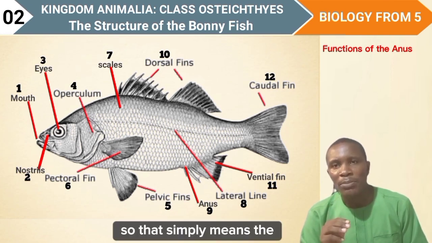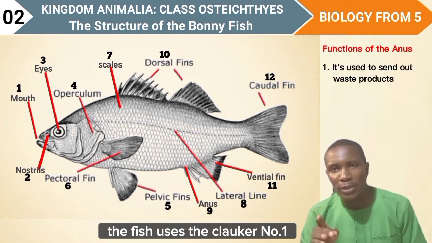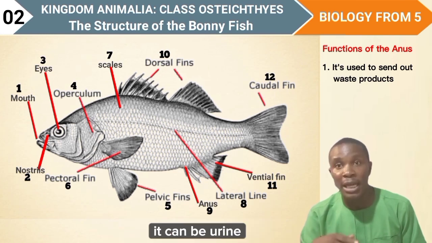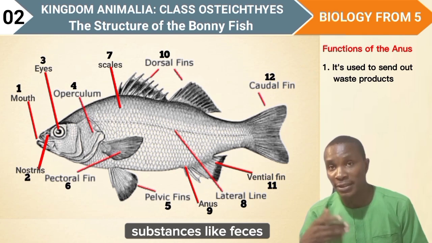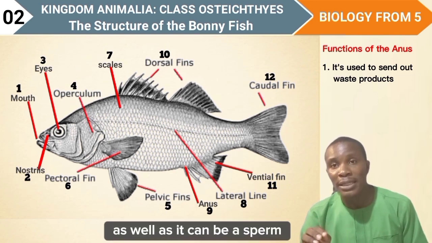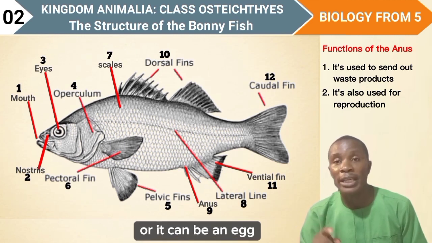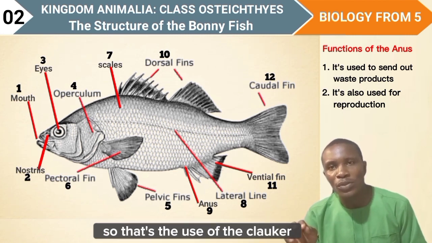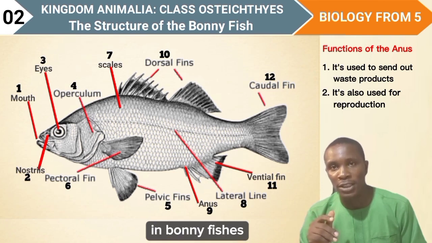So that simply means the fish uses the cloaca to send out waste products. It can be urine, it can be undigested food substances like feces, as well as it can be sperm if it is a male fish, or it can be an egg or eggs if it is a female fish. So that's the use of the cloaca or the anus in bony fishes.